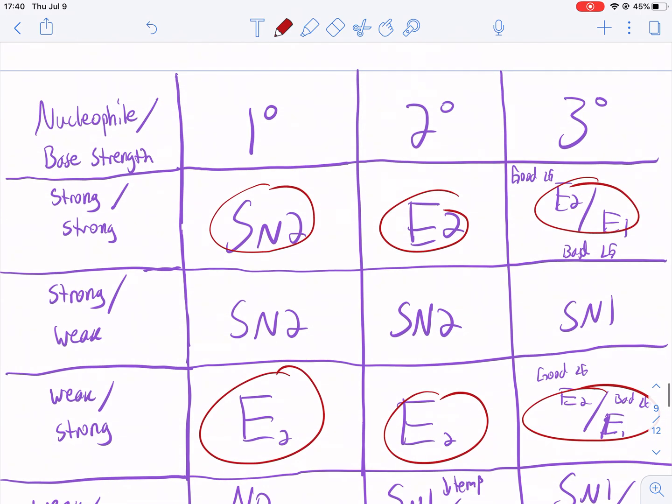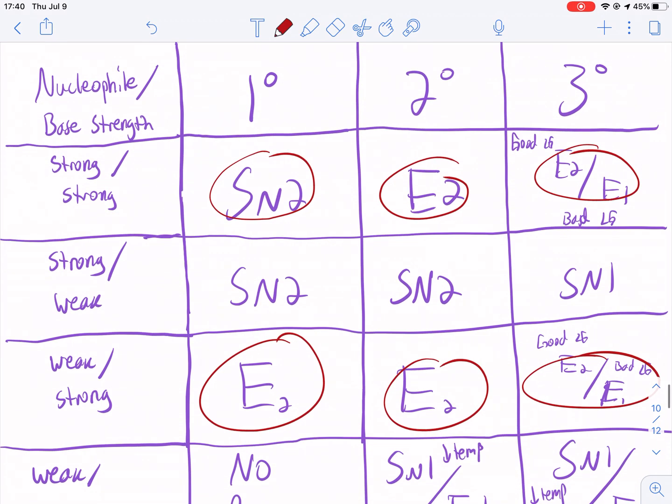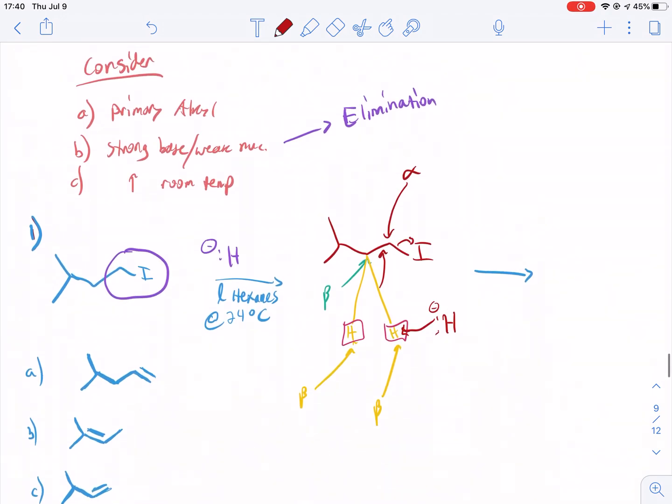Only one time is a substitution reaction gonna happen with a strong base, because in reality, that strong base is gonna pull a hydrogen before it does anything else. So with a strong base, that means elimination most of the time. I'm still considering that other option.